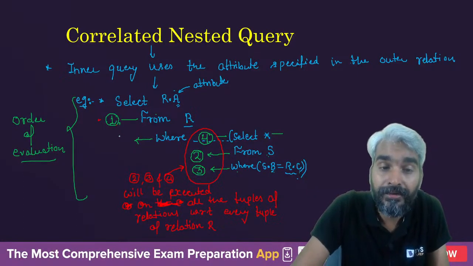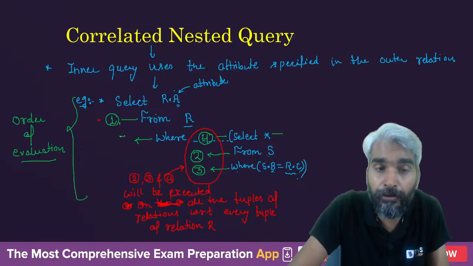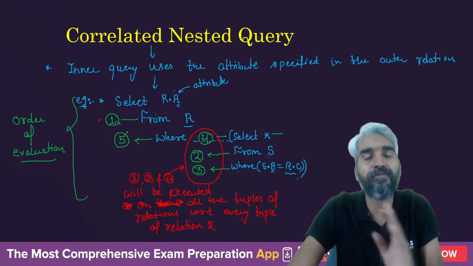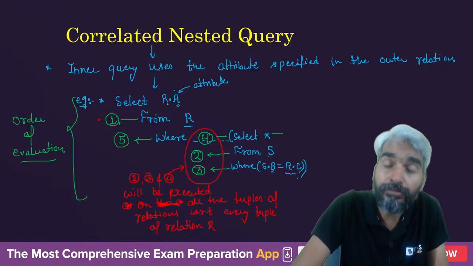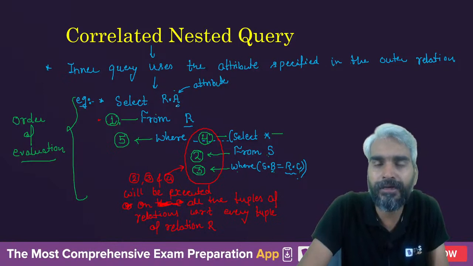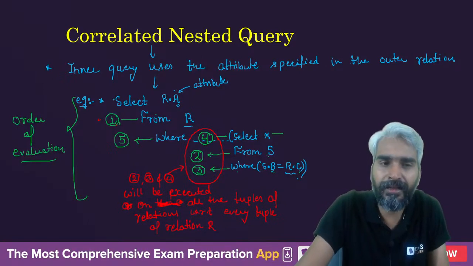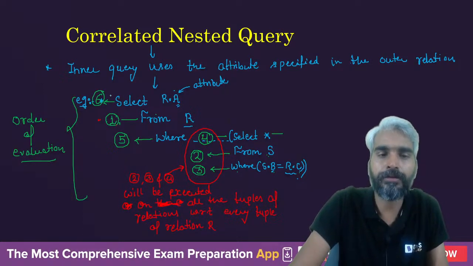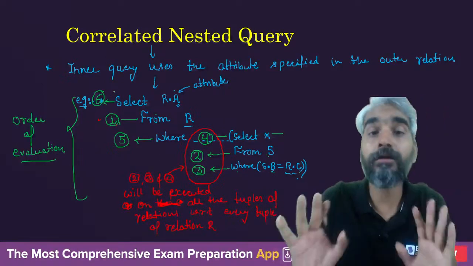Based on that, the where condition will produce its output. Either where condition will be true or where condition will be false. If the where condition is true, then the attribute A from that particular tuple will be selected. If where condition is false, then attribute A from that first tuple will not be selected. So this is the order of evaluation.